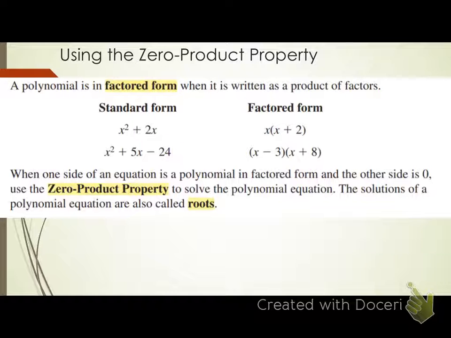When one side of an equation is a polynomial in factored form, so something of this sort over here, and the other side of the equation is 0, like that, we use this thing called the zero product property to solve the polynomial equation. The solutions of a polynomial equation are also called roots.